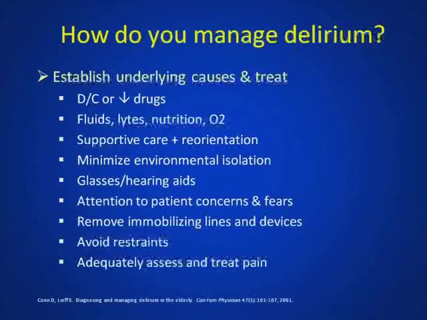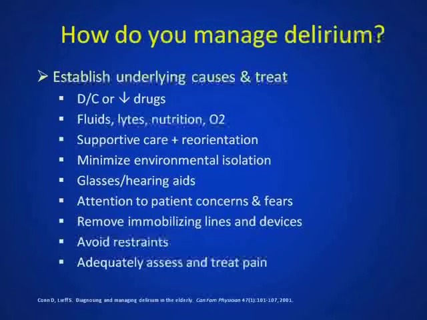The knee-jerk response is to isolate these patients, but we know that isolation can make the delirium worse. We want to minimize environmental isolation whenever possible. We want to pay special attention to the patient's concerns and fears and be able to address them as we would want our fears and concerns addressed.